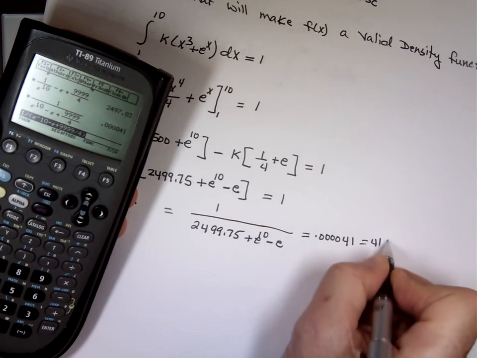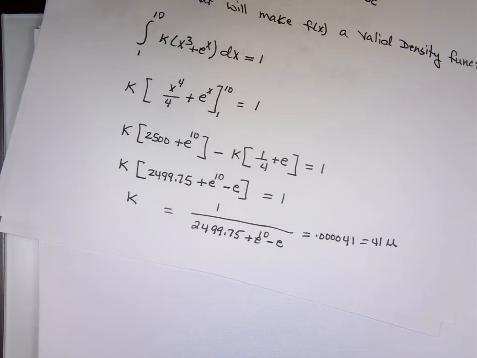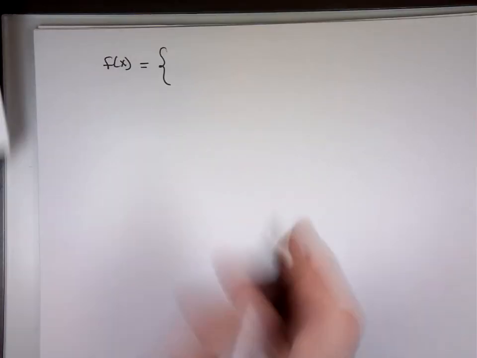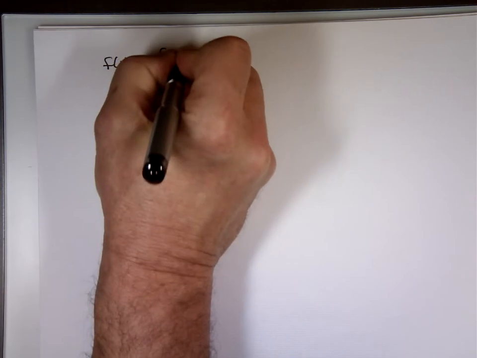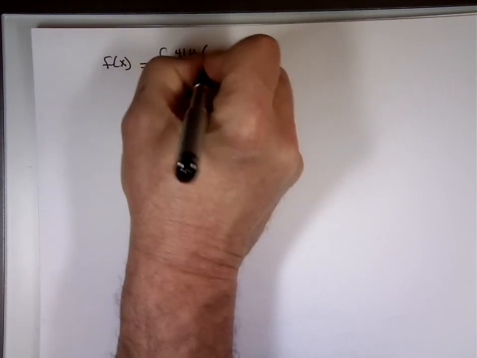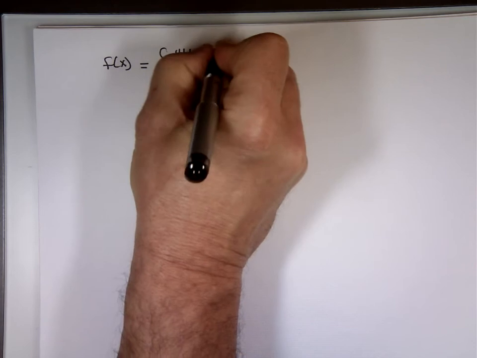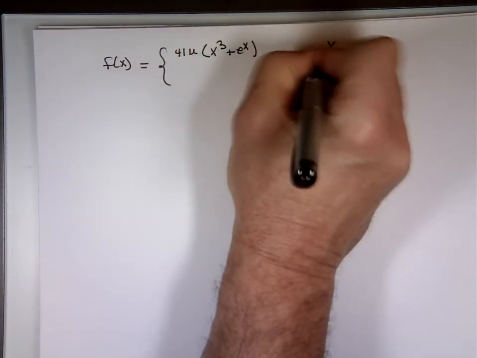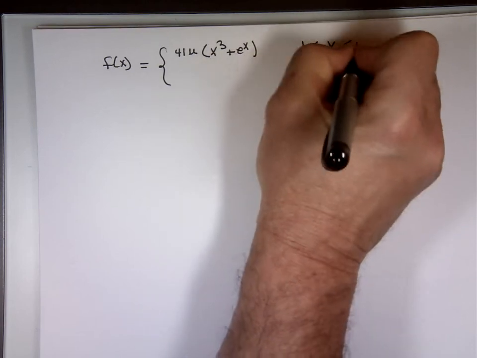Micro is 10 to the minus 6. So given that function, it's 41 micro times x cubed plus e to the x, and we said this is good when x is between what? 1 and 10? And 0 otherwise.